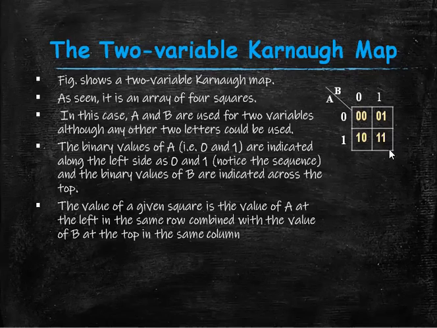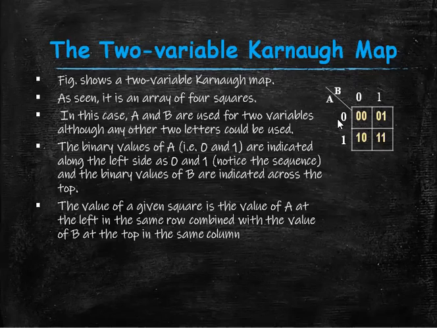In the Karnaugh map, if A 0 is seen, it represents A bar, and then 0 0 is A bar B bar.